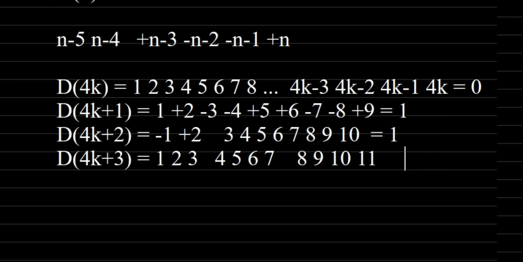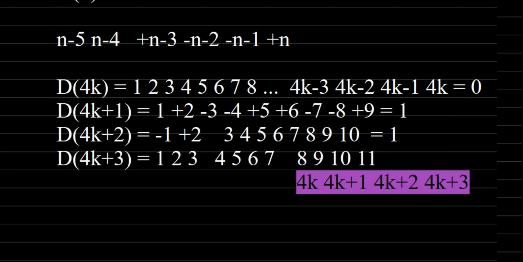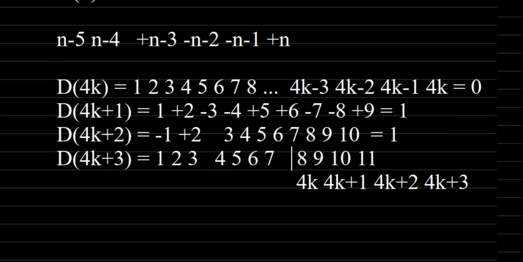And since these are of the form 4k, 4k plus 1, 4k plus 2, and 4k plus 3, we know that we can group these in groups of 4 starting from the end, and we'll be left with 1 2 3 at the start.